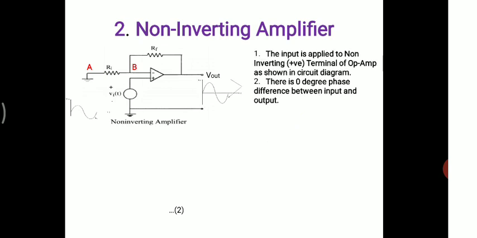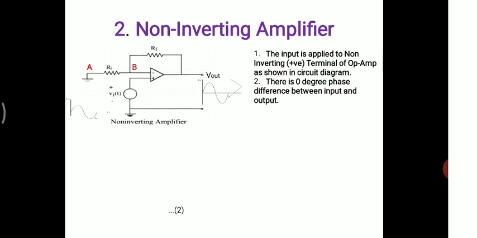In general, we can define the non-inverting amplifier with two points. The first one is that the input voltage is applied to the non-inverting, that is positive, terminal of the op amp as shown in the circuit diagram, and there is no phase shift between input and output.